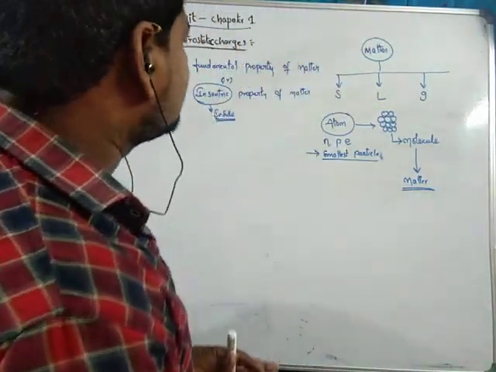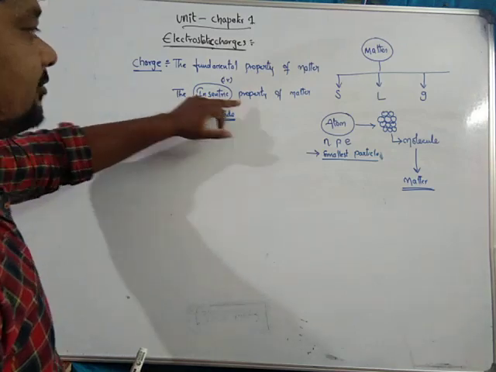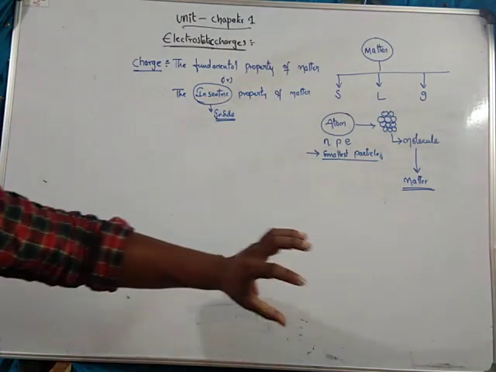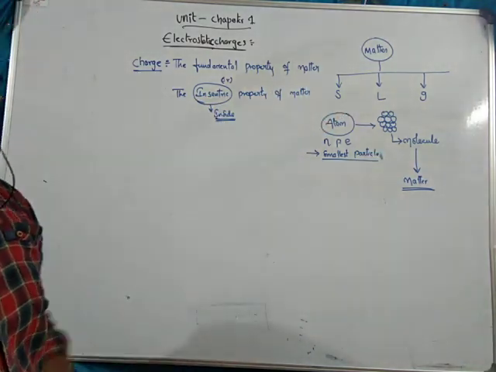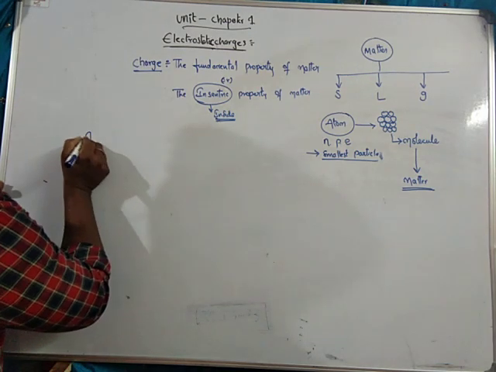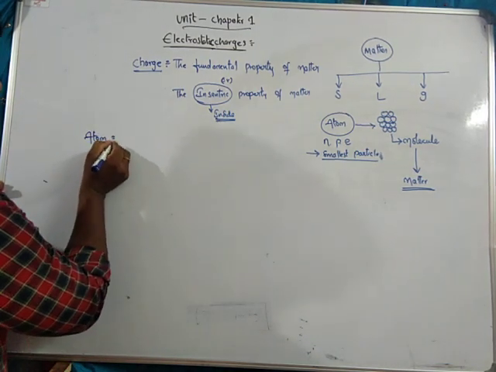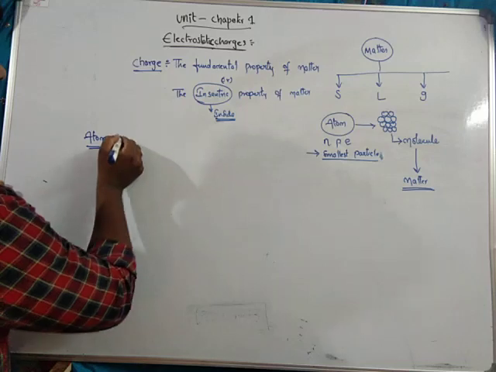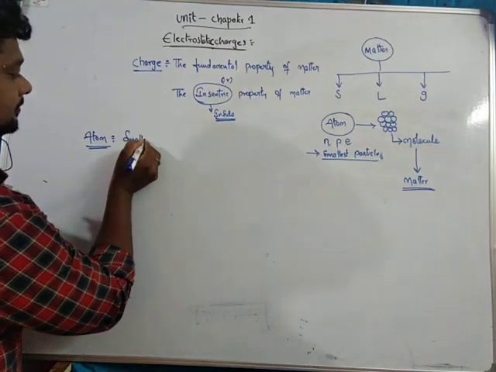Okay, now we will study the intrinsic properties of matter. So we have to deal with the inside properties of matter. So we will define the atom first. So what is an atom?